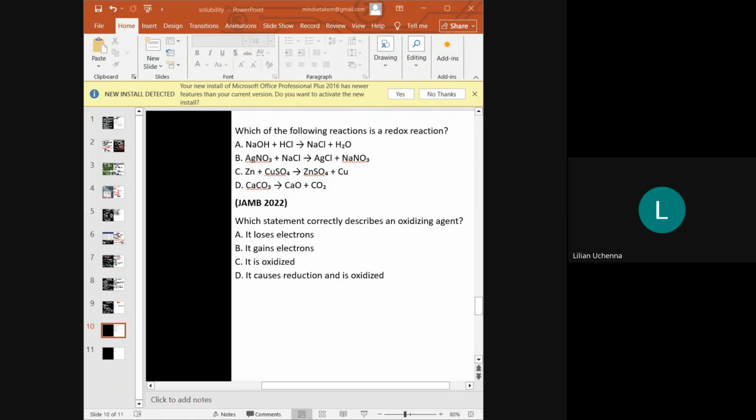When it gains electrons, it is being reduced, which makes it an oxidizing agent. So an oxidizing agent is a species that is undergoing reduction. So it is being reduced, which simply means it is gaining electrons.